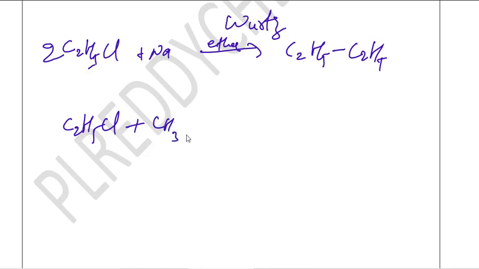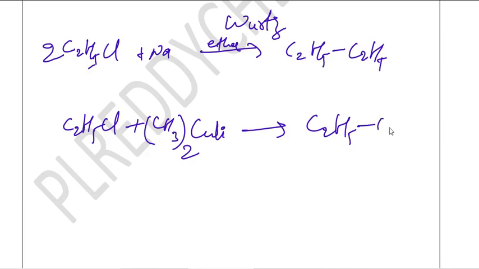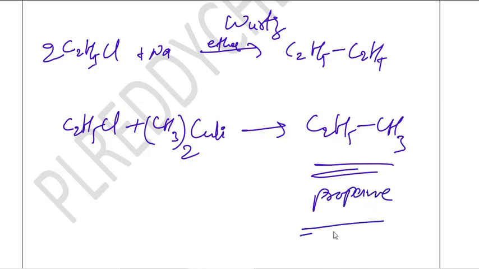Here I am taking methyl, dimethyl copper and lithium. Then it is forming C2H5CH3. So here propane, odd number of carbon chain we can prepare by this method.